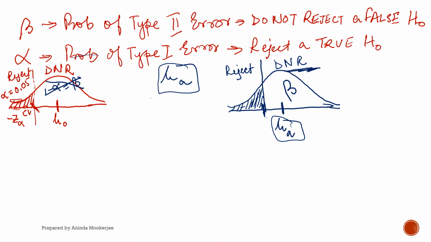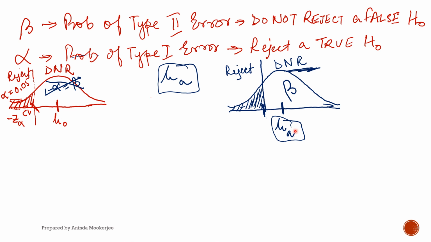You see that? So that is the important thing we must remember: beta is indeed the area of the do not reject region, but not of the original hypothesis test diagram, but of a redrawn, regenerated figure where we place the alternate mean at the center.